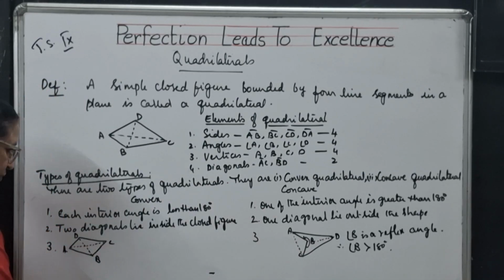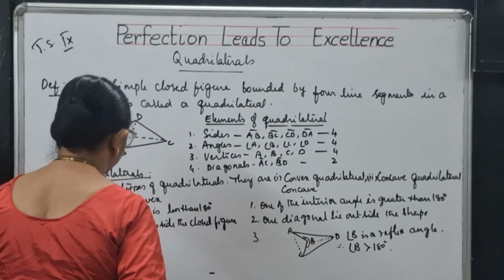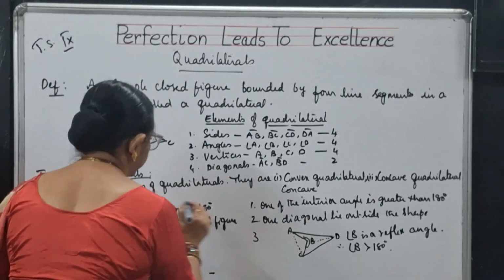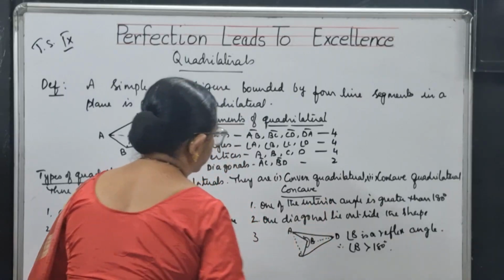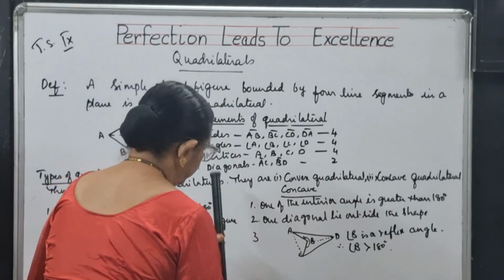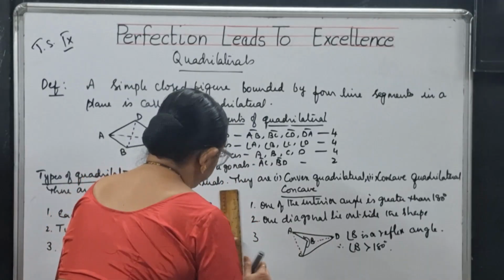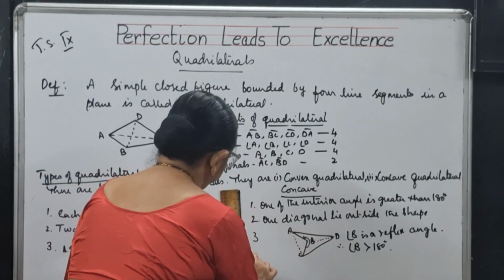What is the difference between them? This is a convex quadrilateral and this is a concave quadrilateral. Let me draw a line so that you will have a clear idea about the differences between them.